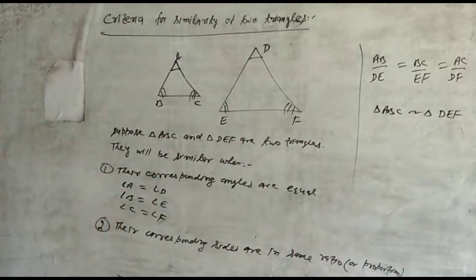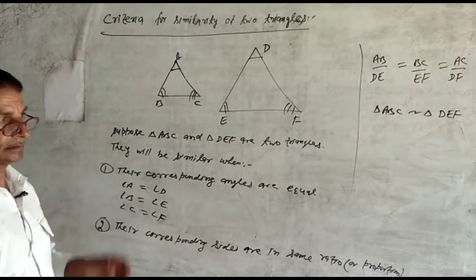These are two properties for similarity of two triangles.